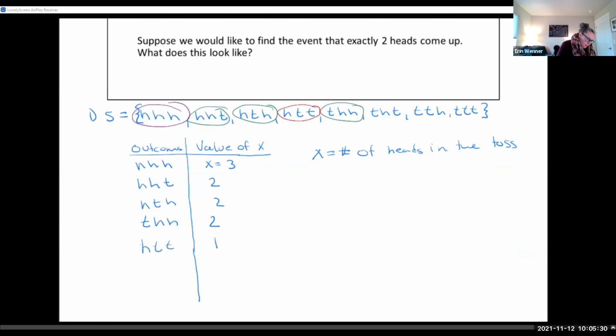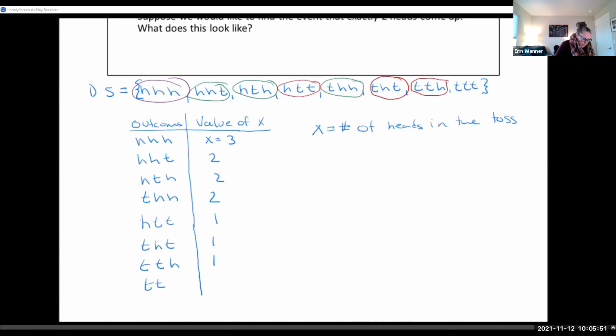That's giving us 1. We've got tail, head, tail. That's another 1. And we've got tail, tail, head. That's 1. And then the last outcome we have is tail, tail, tail, which is 0 heads.